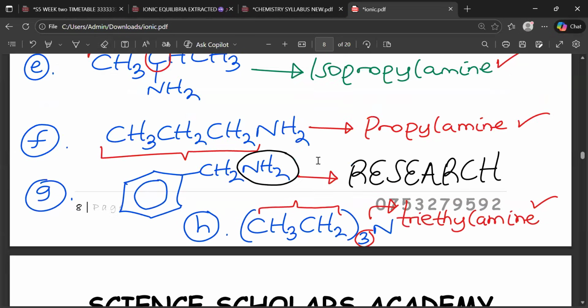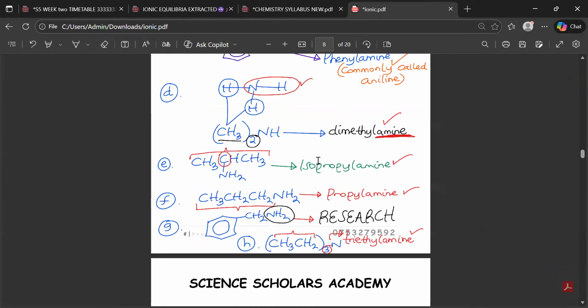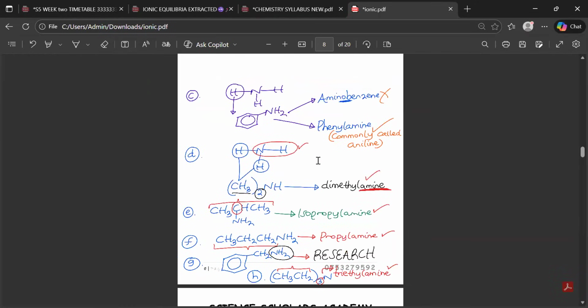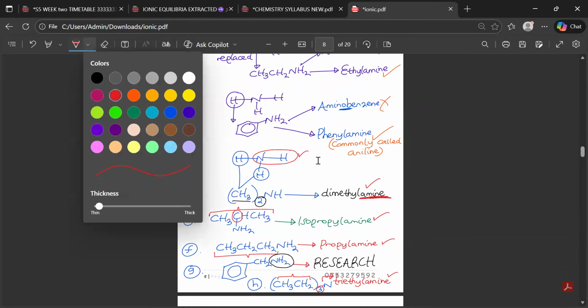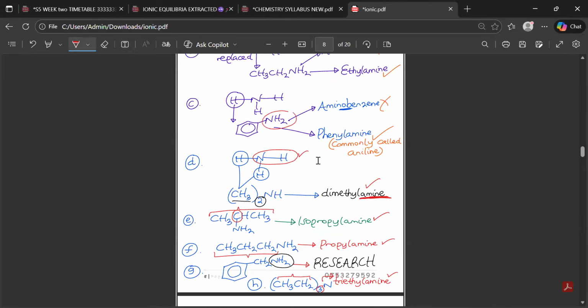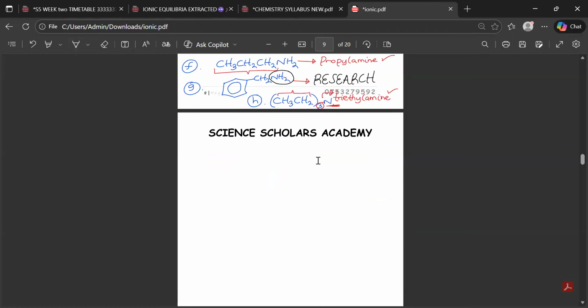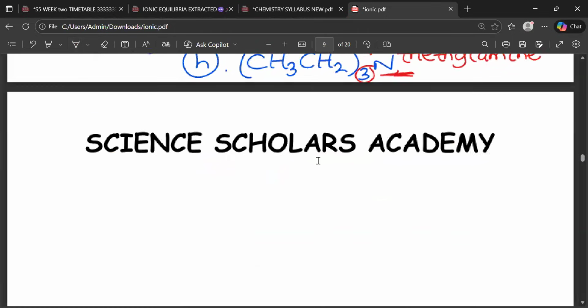Now look for the other IUPAC format that has amine. Organic chemistry doesn't change. So those are the names they'll be using in the questions, especially the thing of dimethyl. Most people cram and say every time all amines are supposed to end in NH2, forgetting that there are amines like dimethylamine, which will end in just NH, and trimethylamine or triethylamine, which will just have N. You people should understand that all amines come from ammonia.